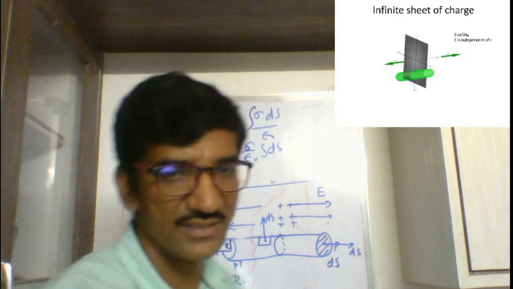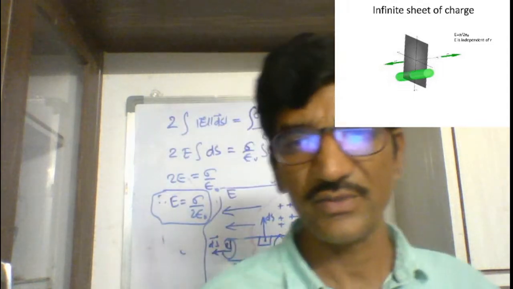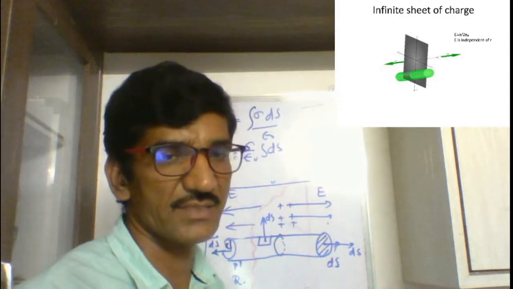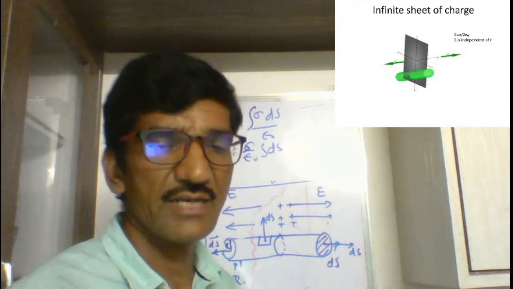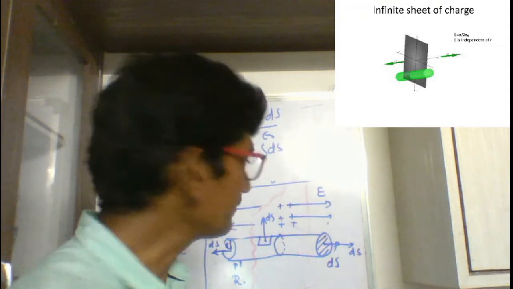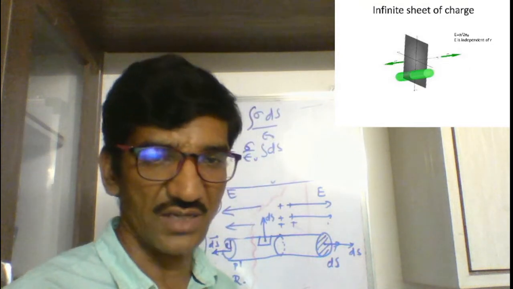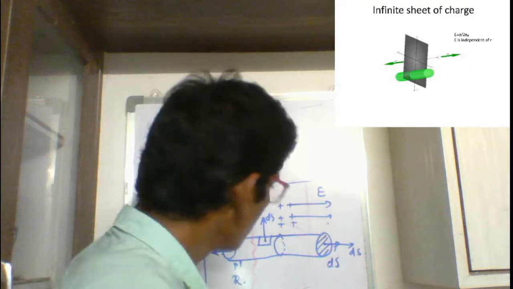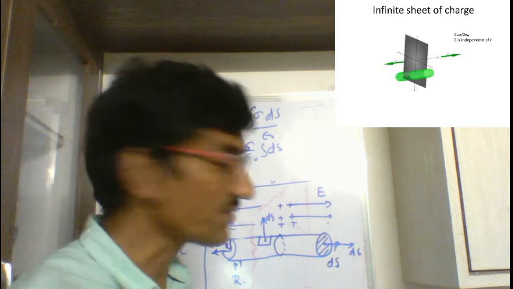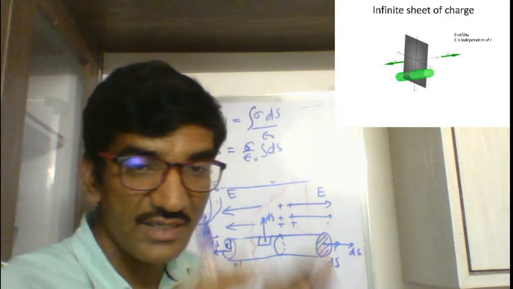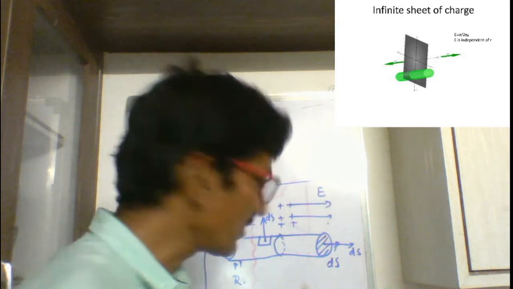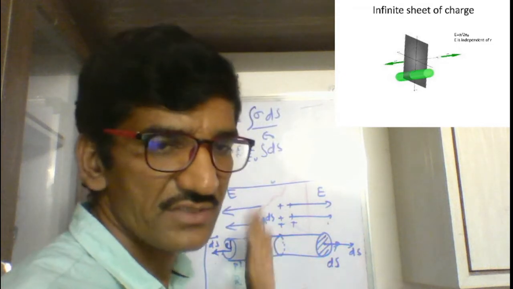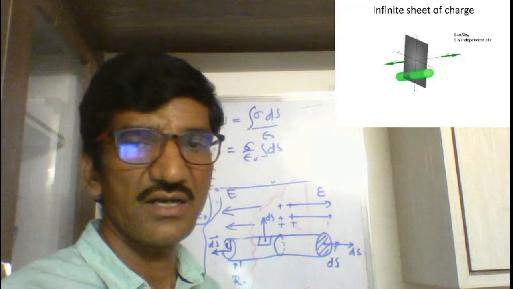Even though practically this is not possible, you may consider a very large plate, but not an infinite sheet of charge. From the theoretical point of view, we considered this infinite sheet of charge. If it is not an infinite sheet of charge, your formula will only be applicable in the middle portion of that sheet, on the right side or left side.